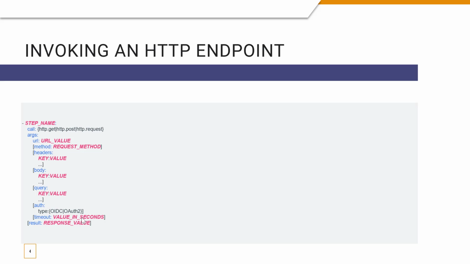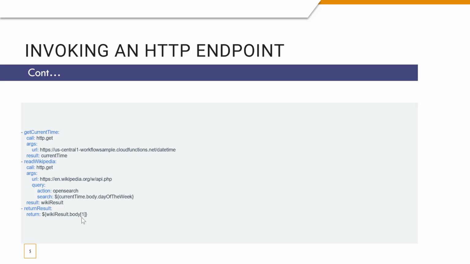So the first step, like I said before, is just invoking an HTTP endpoint. The arguments are basically you need to explicitly mention whether it's a get or a post, the URL, the headers, the methods, etc. So this is an example where in this step, you're trying to have an HTTP get and the URL is this particular cloud function URL.